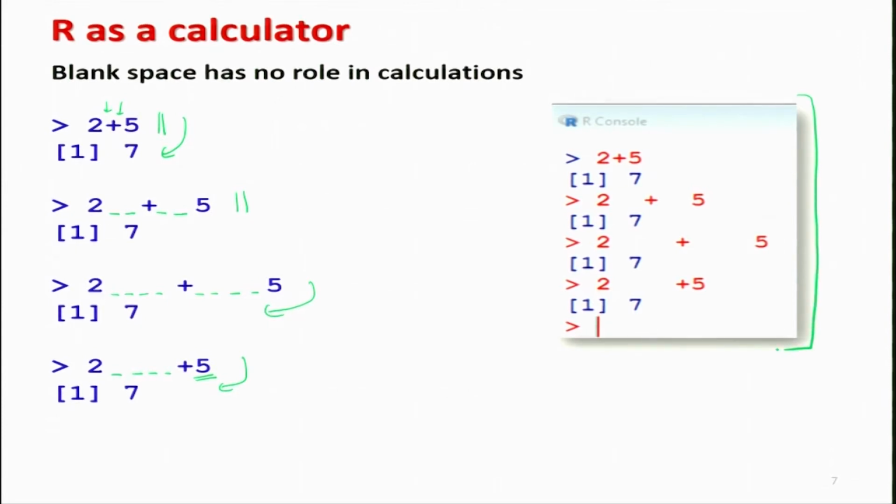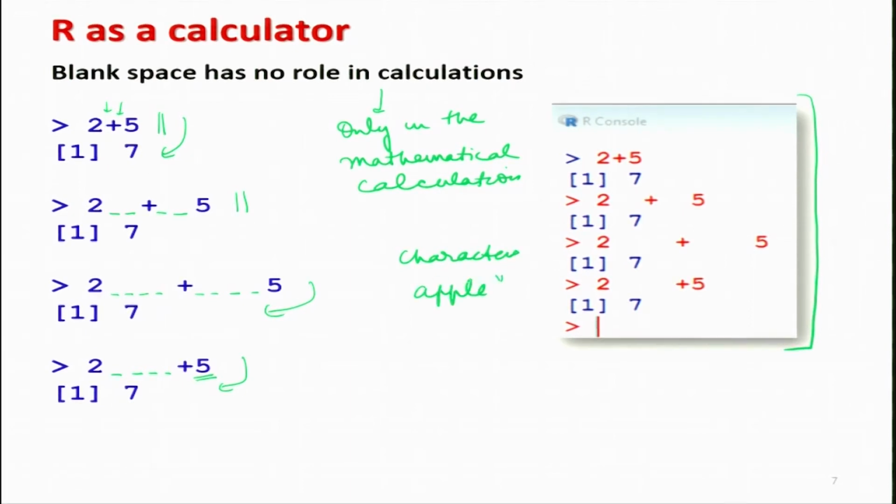But remember one thing, this is true only in mathematical calculation. What does this mean? Do you remember that earlier we had done two types of values, one numerical values and another characters. We had taken a couple of examples using the word apple. So, when you write something as a character within double quotes, the blank space will be printed as such.